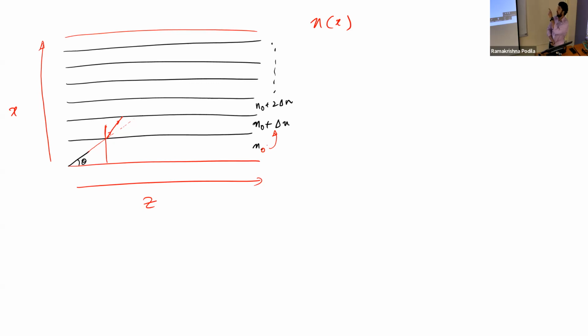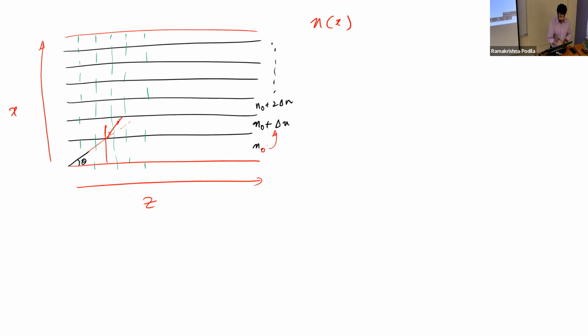So when we say N is varying only along X, we are not considering how N varies along Z. In a realistic scenario, refractive index need not be constant along Z either, so you would also divide it vertically into pieces and combine both dimensions. But for now, we are only going to consider one dimension, N of X, right?